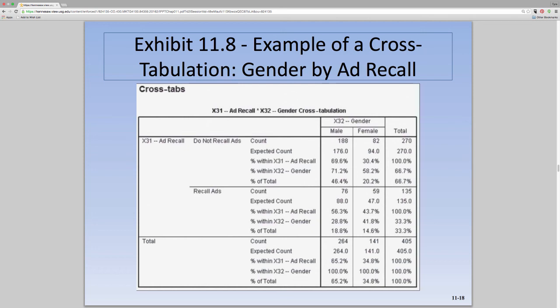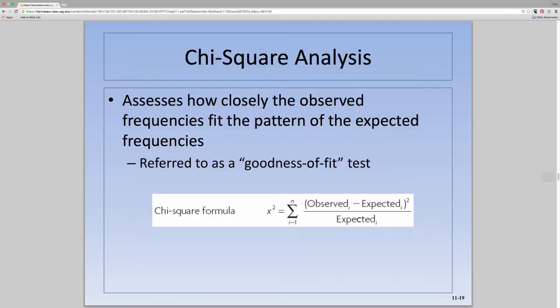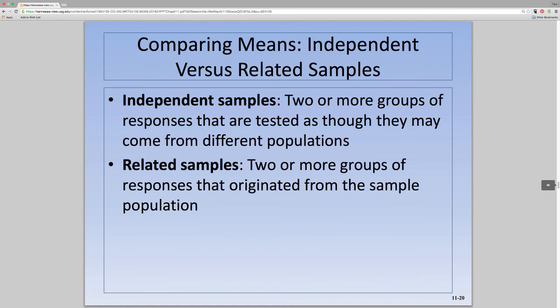So we take the 264 men, we take 2/3 of that, and that would be the number we'd expect in the do not recall cell. And 1/3 would be the number that we would expect in the recall cell. What chi-square does is it looks to see, hey, is that what happened? And if it's different, is it statistically significantly different? And remember, the larger that chi-square number gets, the more likely there is a difference.